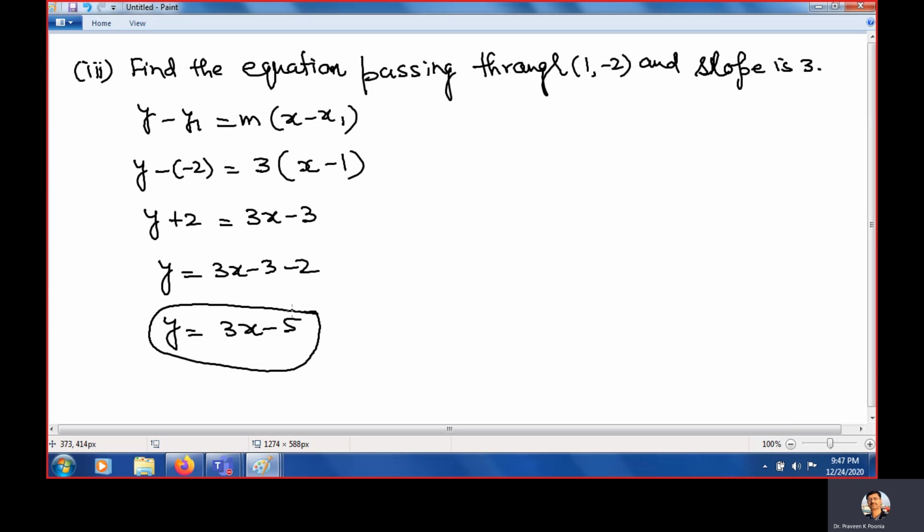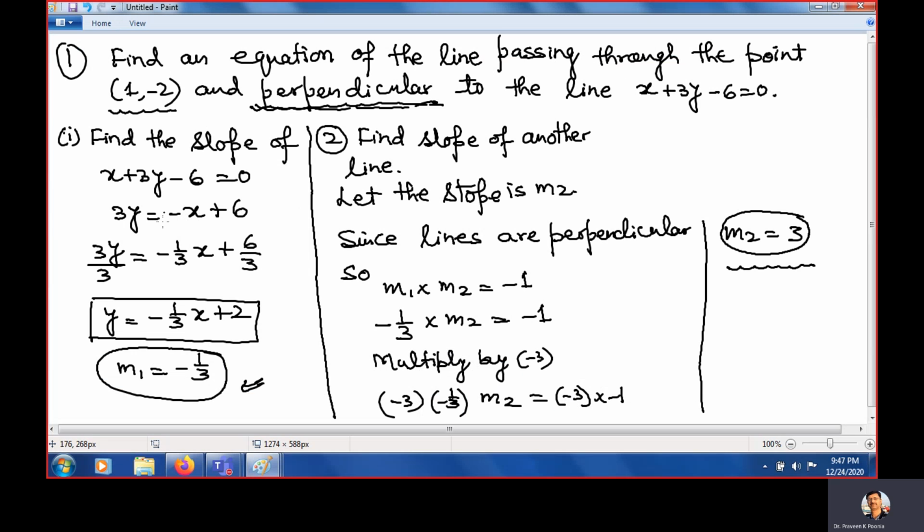So this equation that we have obtained and the equation that was given, both are perpendicular lines. Understand? In this type of question, there are 3 steps. In the first step, you need to find the slope of the given line.